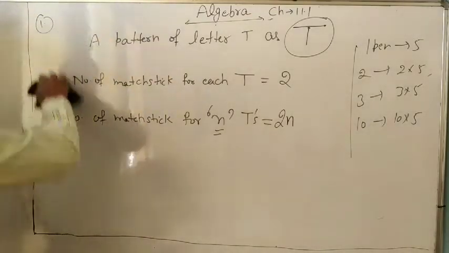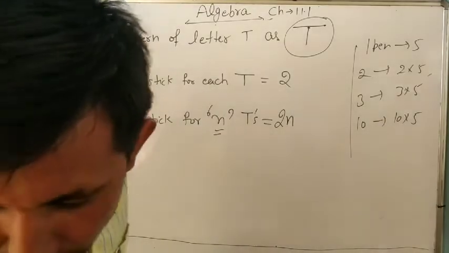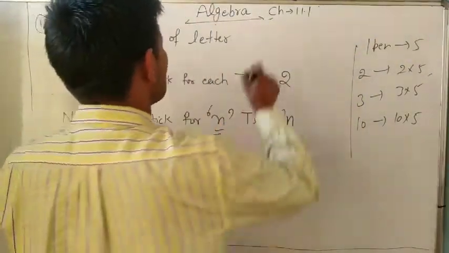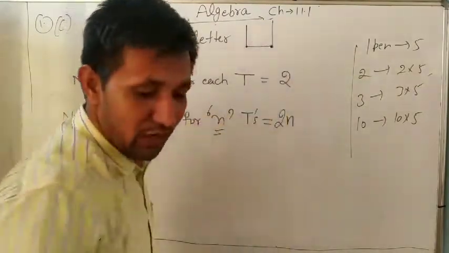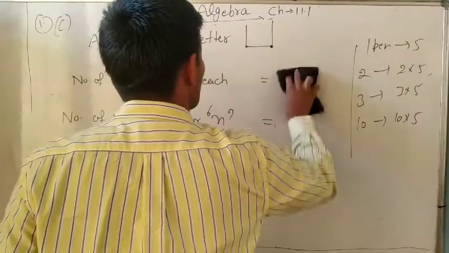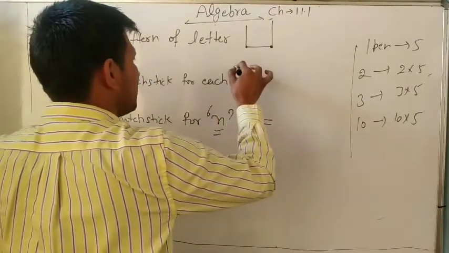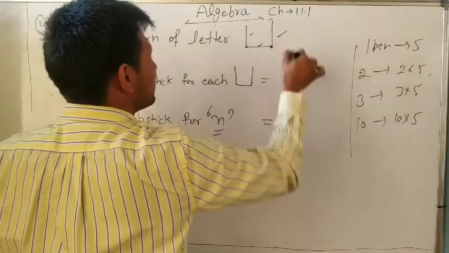Okay, C part now. In the C part we are given the letter U. So always first we will find how many matchsticks we are using for one U. For each U, how many matchsticks? 1, 2 and 3.